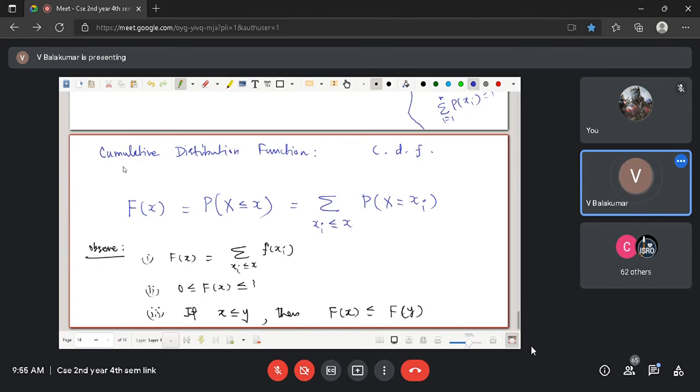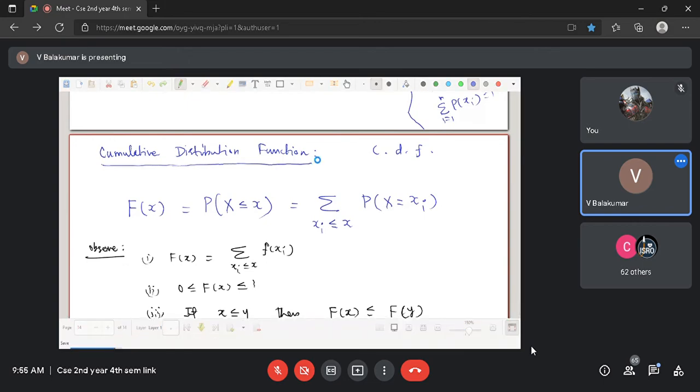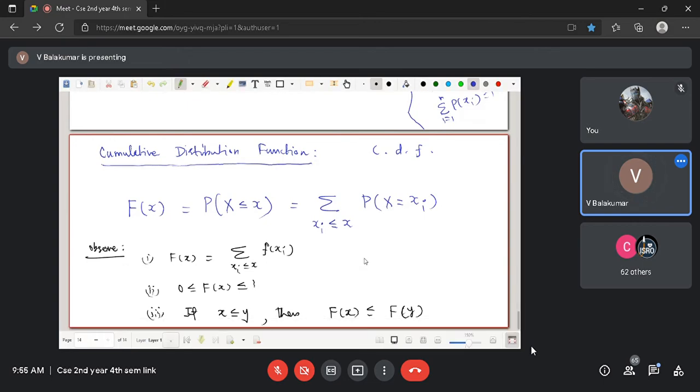This is one definition. Shortly called as CDF, the notation is capital F of x. Till this small x, what is the cumulative probability?